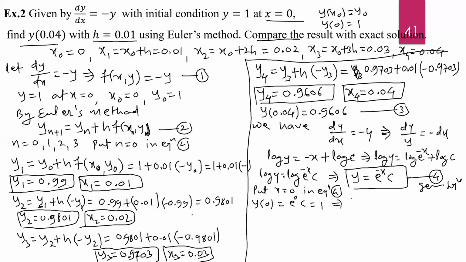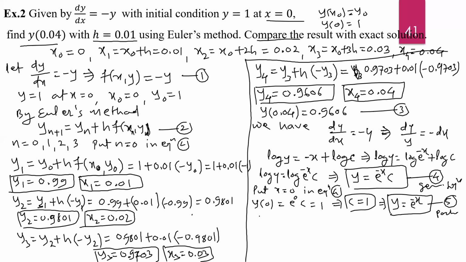So we get c is equal to 1. So we get a particular solution. Put c equal to 1 here. We get y is equal to simply e raised to minus x. So this is the particular solution. Equation 4 is the general solution and the 5th is the particular solution.